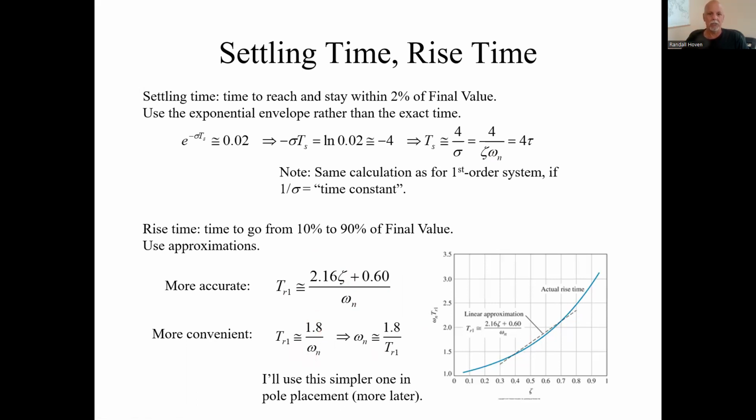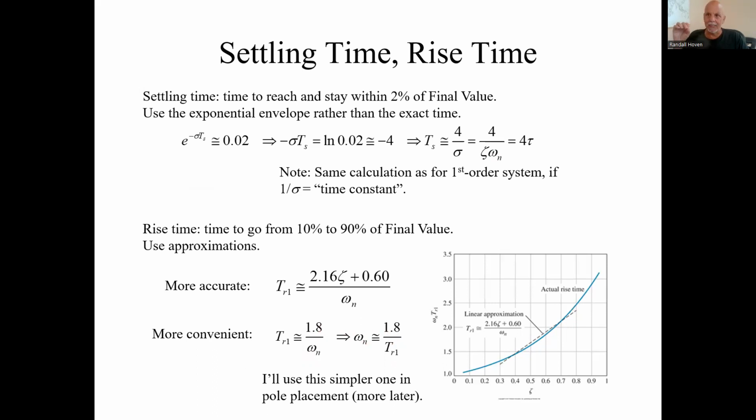But this approximation is only a function of natural frequency. So we can reverse that. If you give me a rise time spec, I can come up with what the natural frequency ought to be. And the natural frequency is where the poles are.